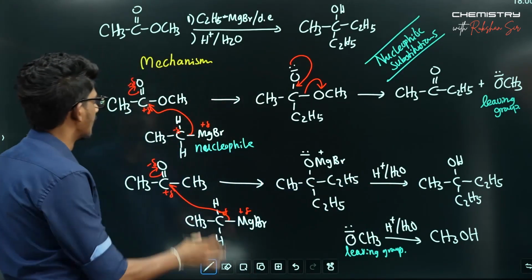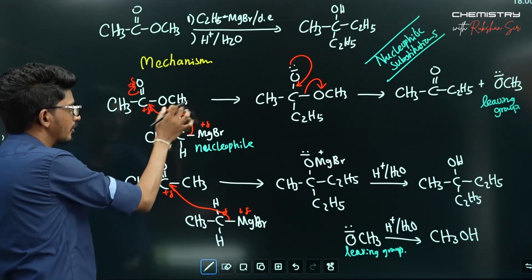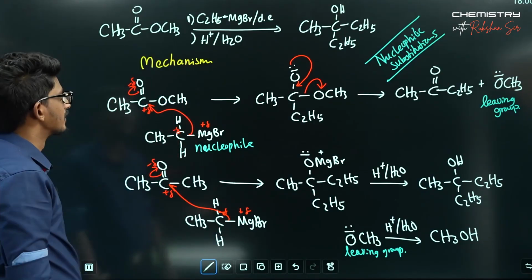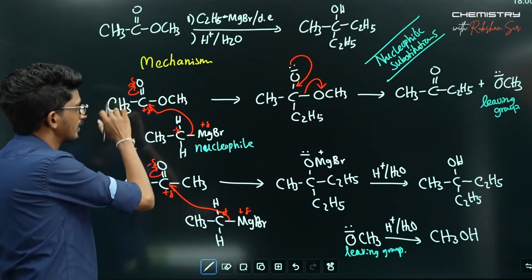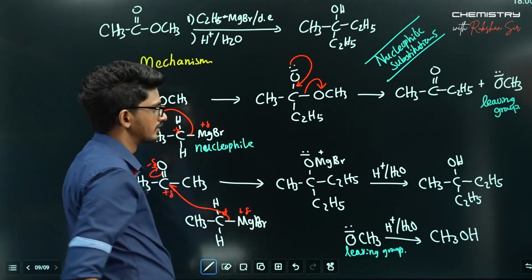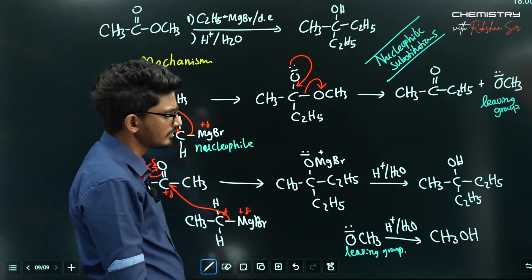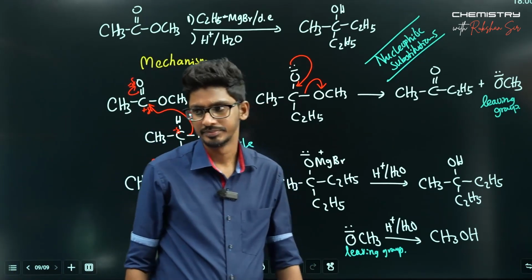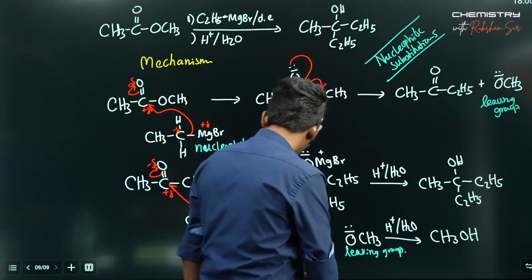One alcohol comes from the OR group of the ester, and the other alcohol comes from the R group of the ester. That is the mechanism. Is the thing clear, no?